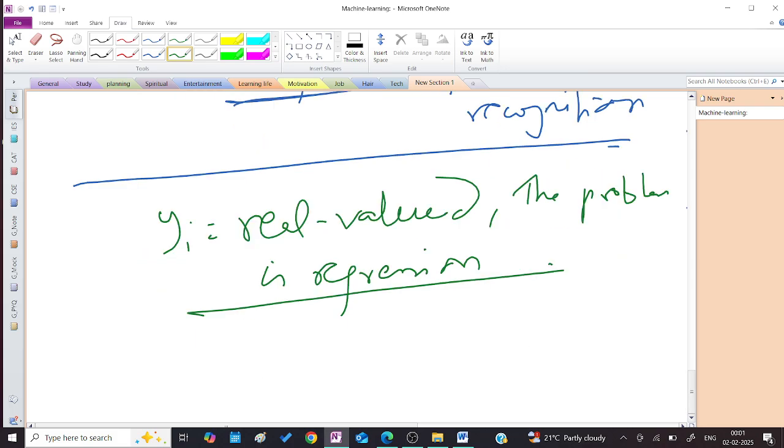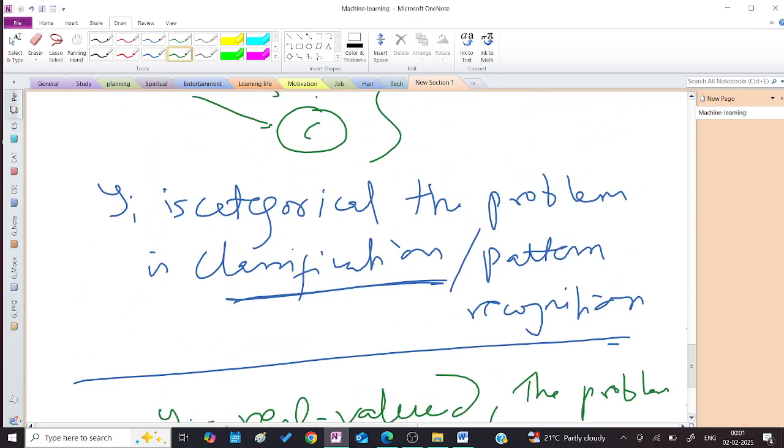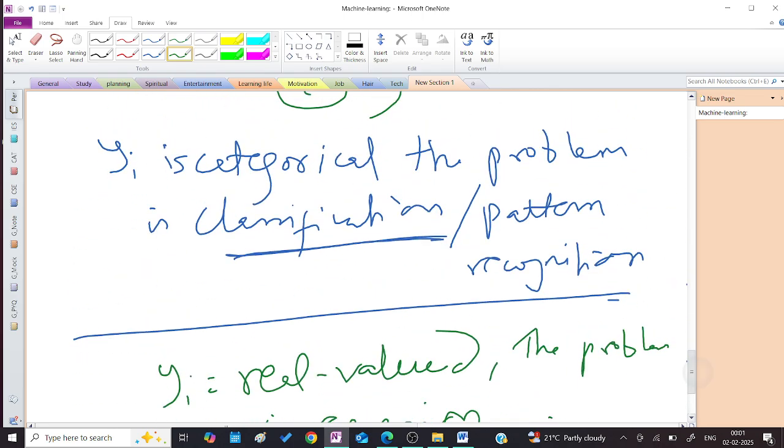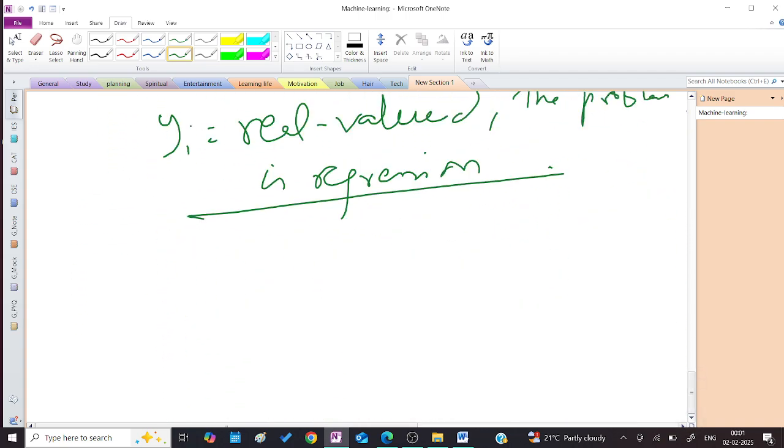And what if it is neither completely real valued nor categorical, like grade?